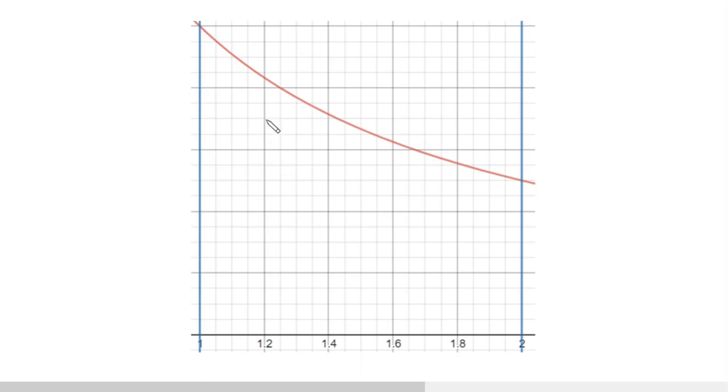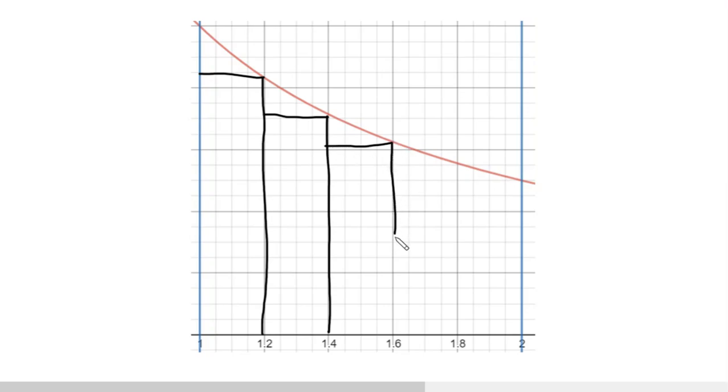So the first idea is that if I want to find the area under this curve, I have to break it up into rectangles. If I break it up along these lines, then I can compute the area of all of these rectangles and then add them up.